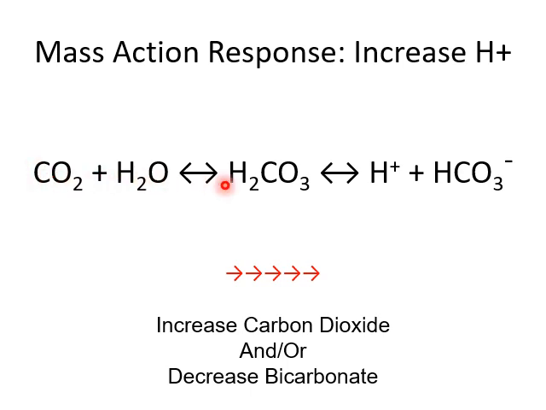Hypoventilation is going to drive the equation this way and generate more hydrogen ions, which will lower the pH of the blood. Or I can decrease bicarbonate by taking it out of the bloodstream into the nephron and excreting it in the bladder. Don't resorb it, don't save it, don't bring it back and put it in the blood, but let it go out in the bladder.